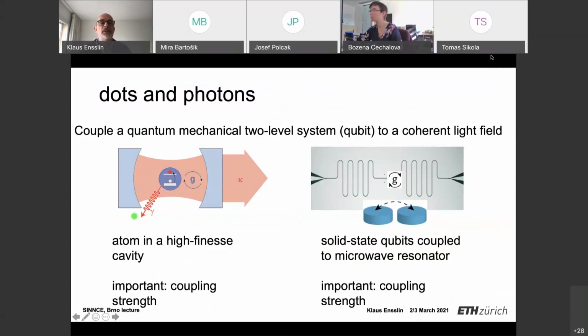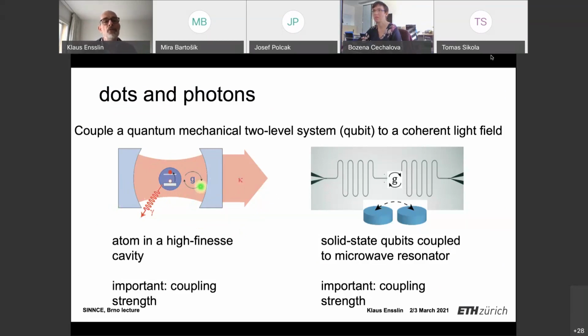Basically the idea is you take 2 high-finesse mirrors, with very good reflection properties, and you have optical resonances in this cavity. Then you position an atom, and this atom is a 2-level system. And of course, you make the systems in such a way that the energy of the transition between the 2 levels matches the energy of the photon.